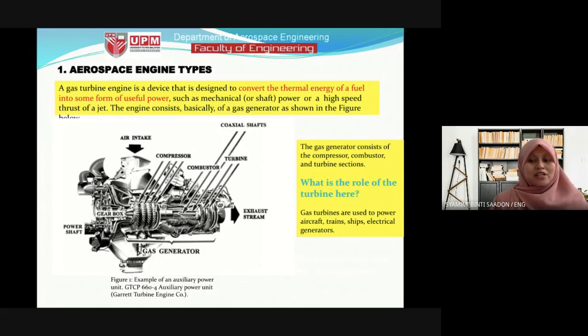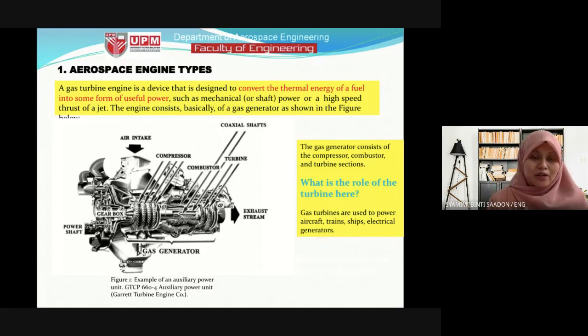The gas turbine engine, we will see later on, is used for two types of applications. One type is the gas turbine used in the aircraft engine. The gas turbine engine that you have learned in aerothermodynamics is used to convert thermal energy.